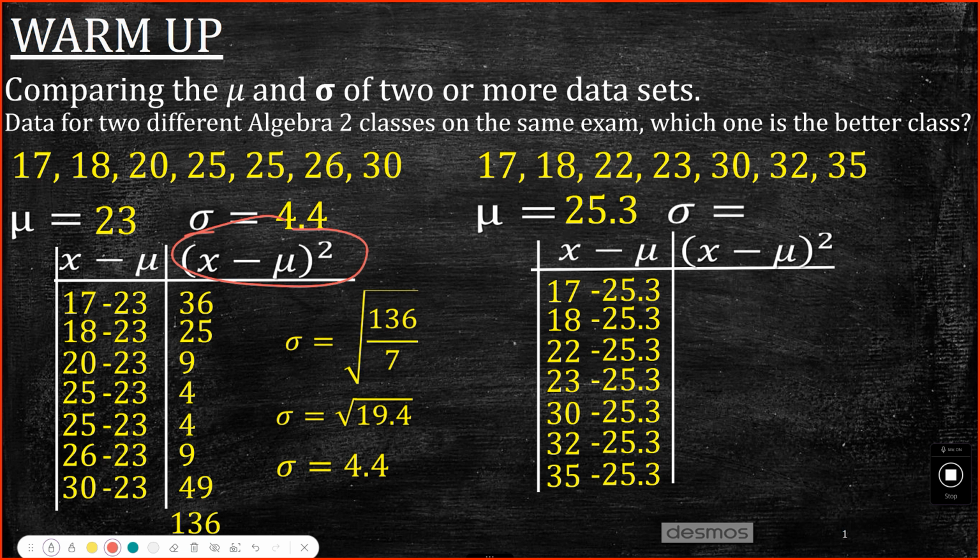So, Francisco, what's the first one? 17 minus 25.3, get that answer, square it. 68.9. So if we round it to nearest tenth, it'll be 68.9.